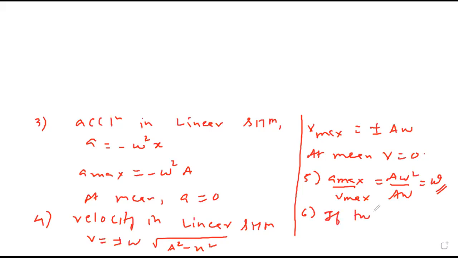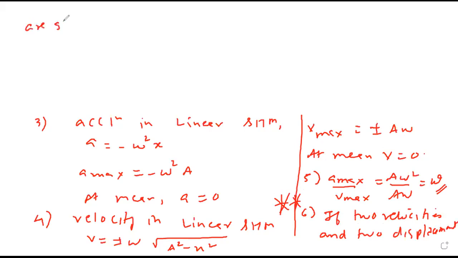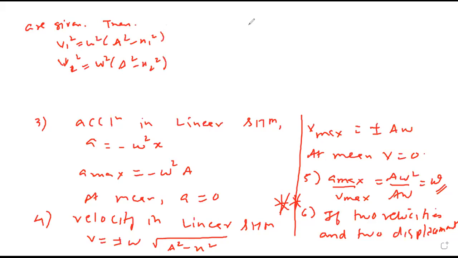Very important: if two velocities and two displacements are given, then v1 square equals omega square times a square minus x1 square, and v2 square equals omega square times a square minus x2 square.